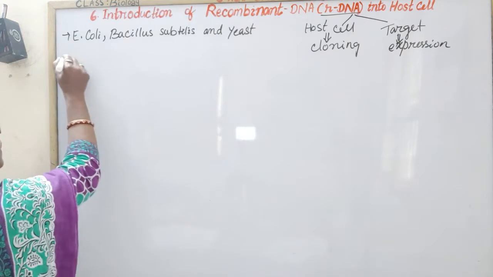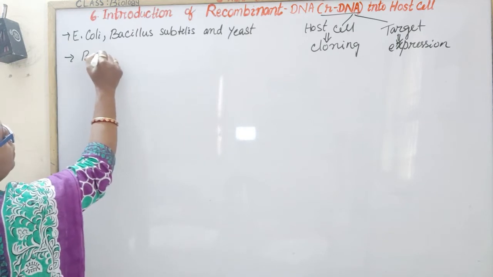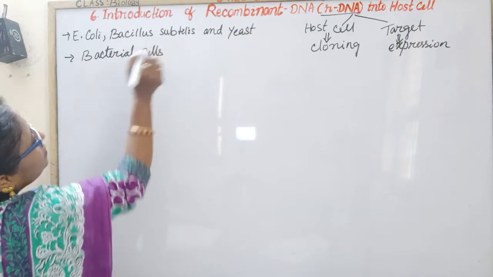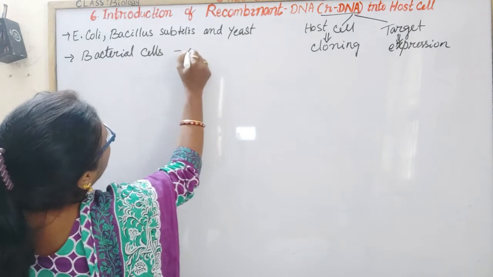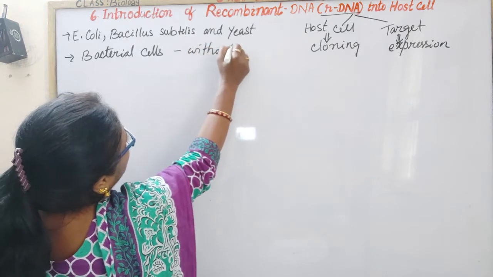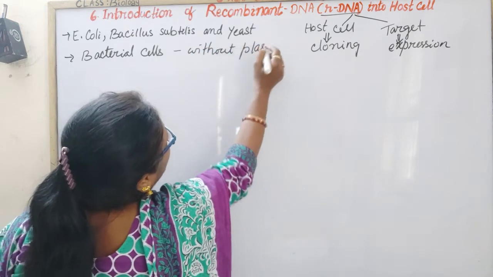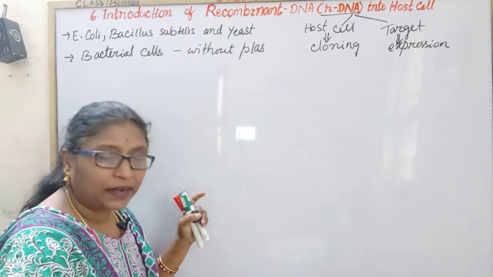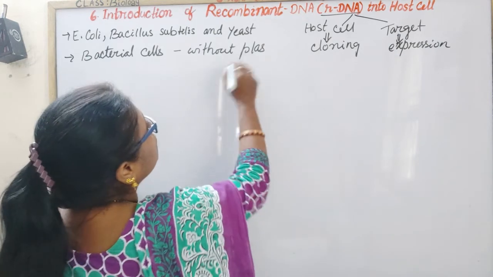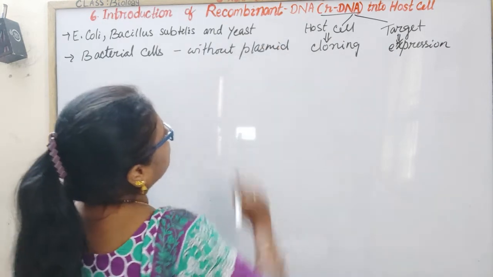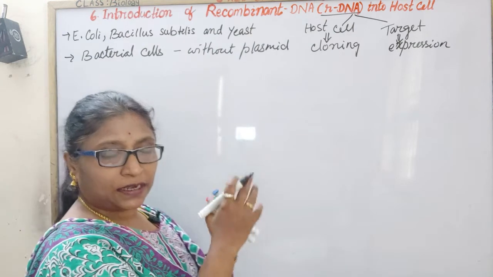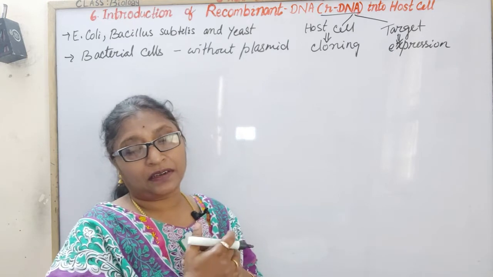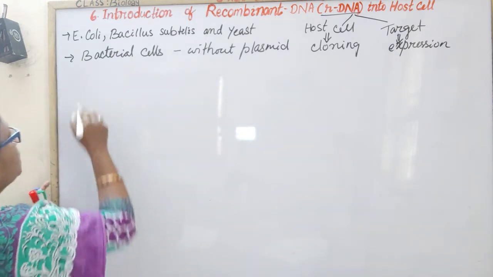These bacterial cells should be taken without plasmid, because rDNA means the vector, which is the plasmid, plus the desired gene. So the bacterial cell should have only its own bacterial genome, without plasmid.